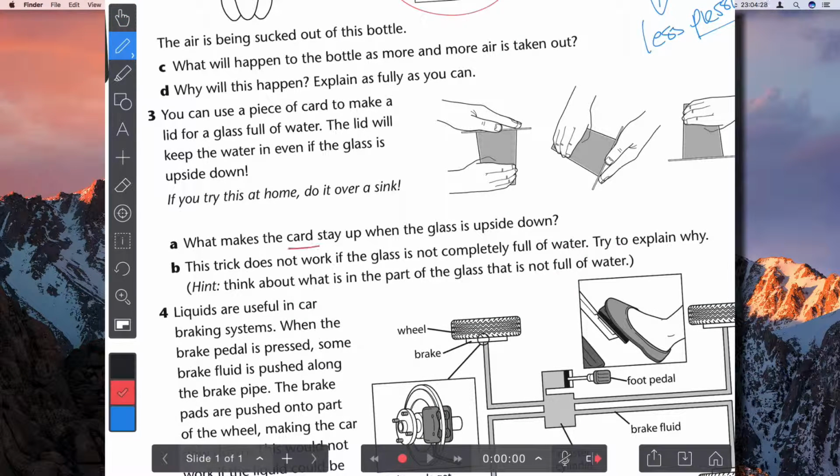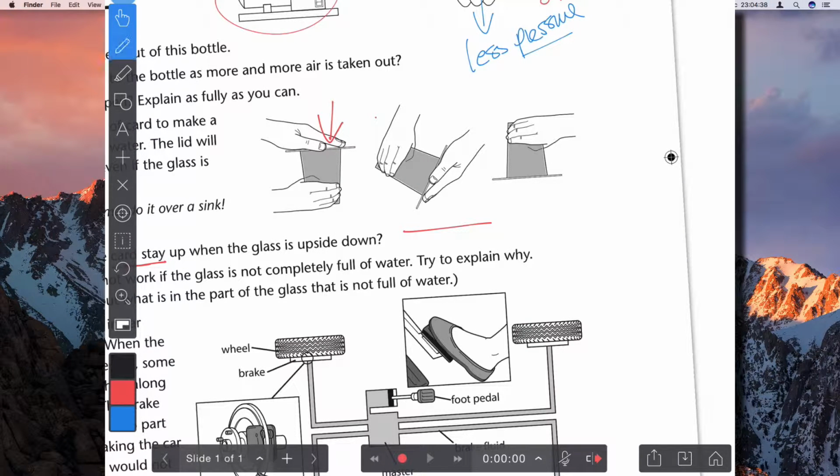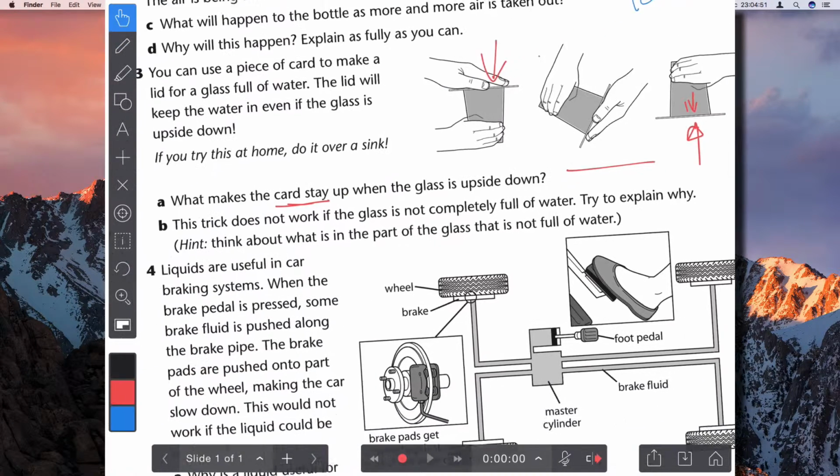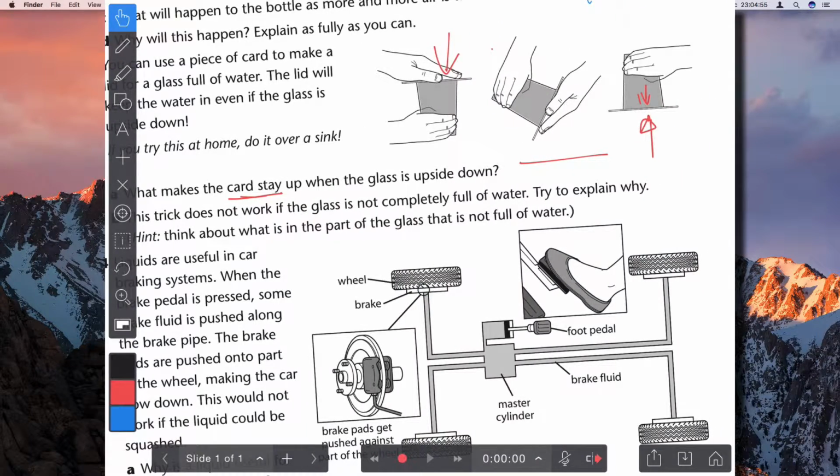When you put it upside down, the pressure is still there. But there's also the capillary action of the water particles on the card from the inside.